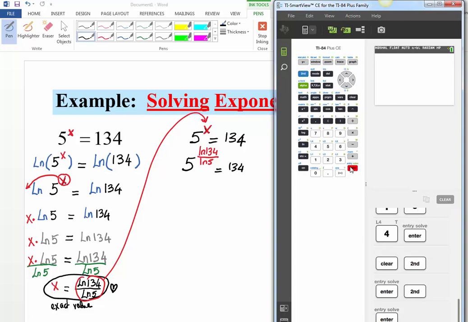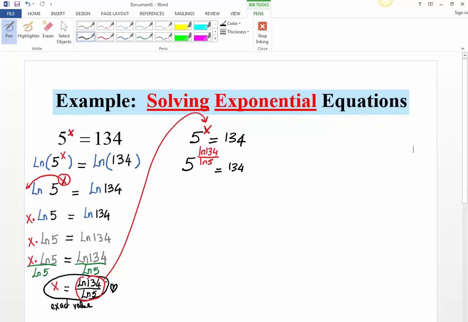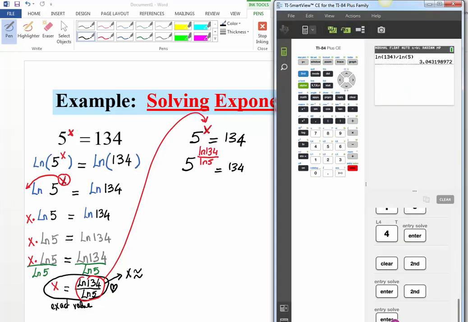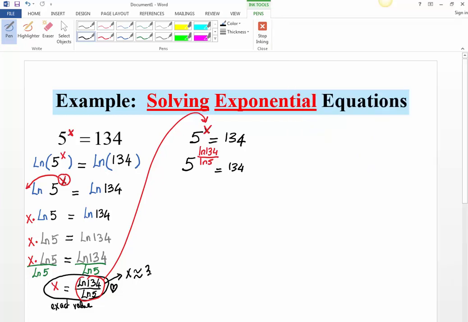If you press second enter a couple of times, it takes you back in your steps, and you can recover that x is this value of ln of 134 over ln of 5. Once I type that x, I can say that x is about, if you wanted an approximation, 3.04.